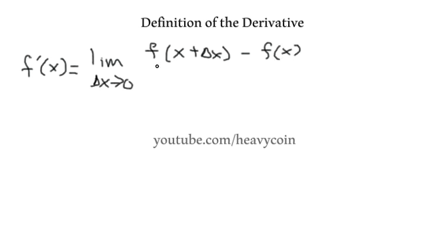Seems like when I learned it though they used h over delta x. We now know how to derive this right here. This is just the slope of the secant line. Alright.